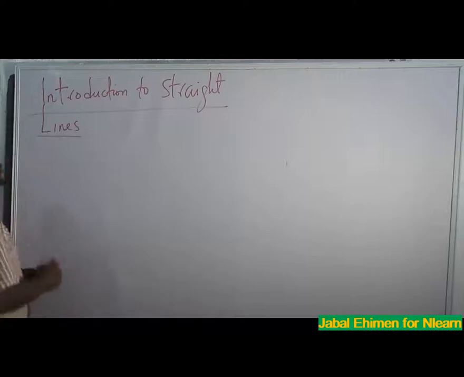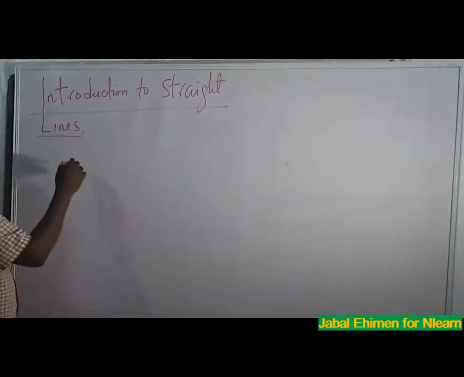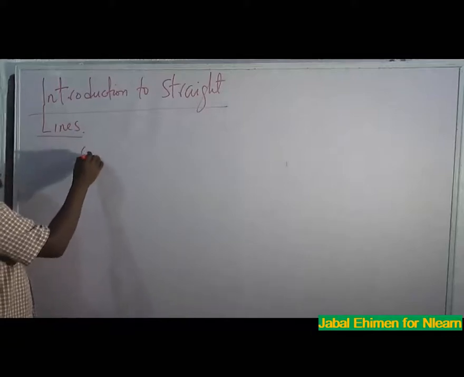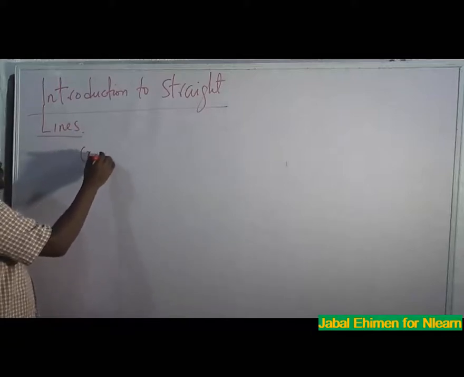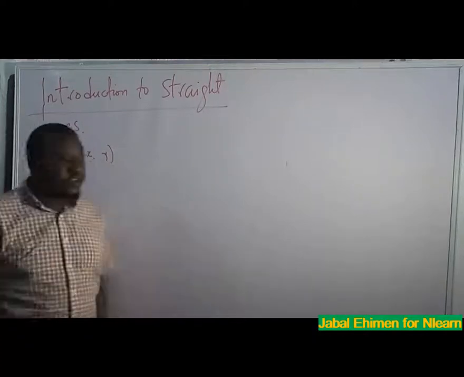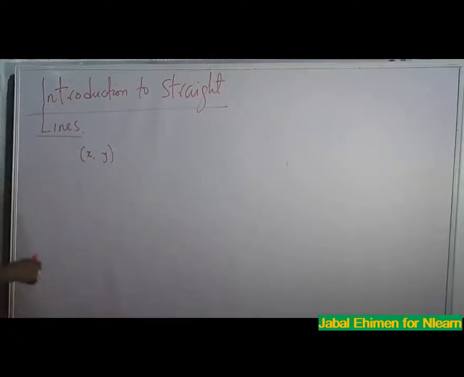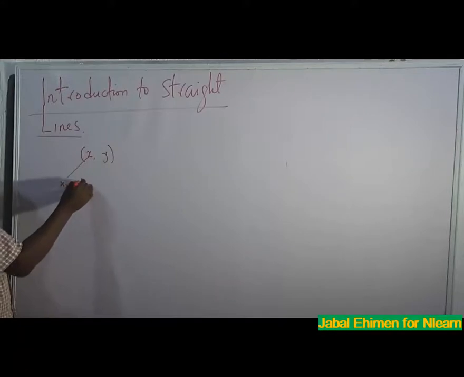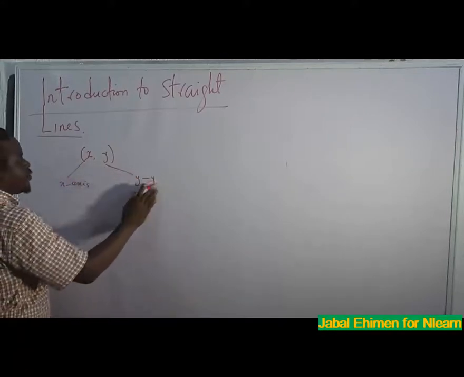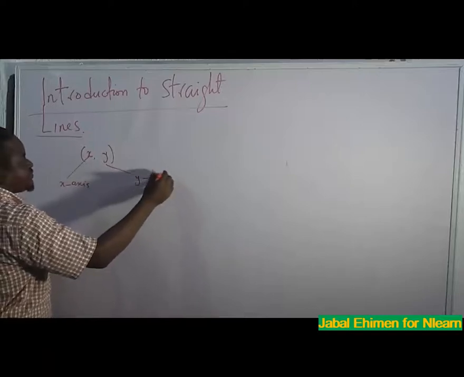Now, in coordinate geometry, you understand that a particular point is always denoted as xy. That xy denotation is that the x is called x-axis and the y is called y-axis.